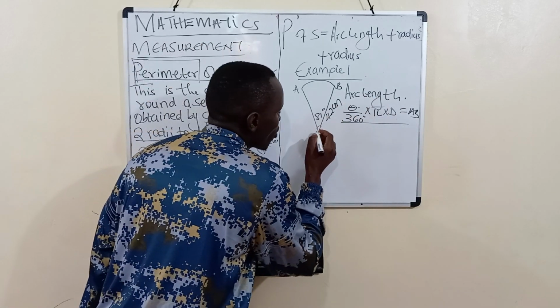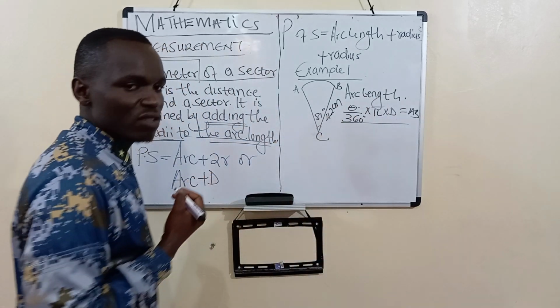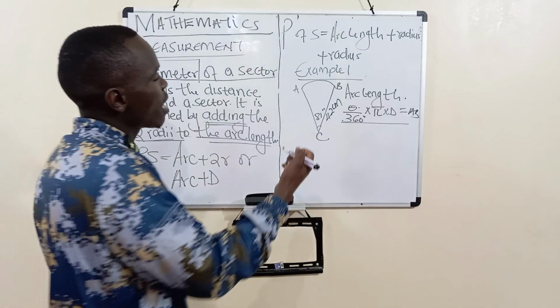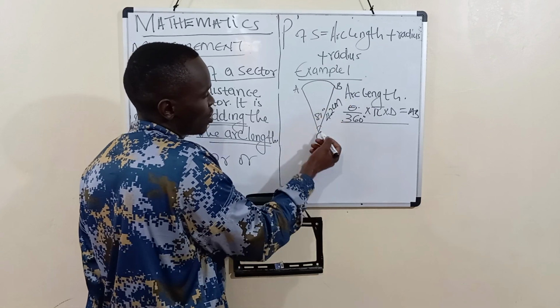Now, suppose we have a point here, C. To get the perimeter, we have to add ABC.